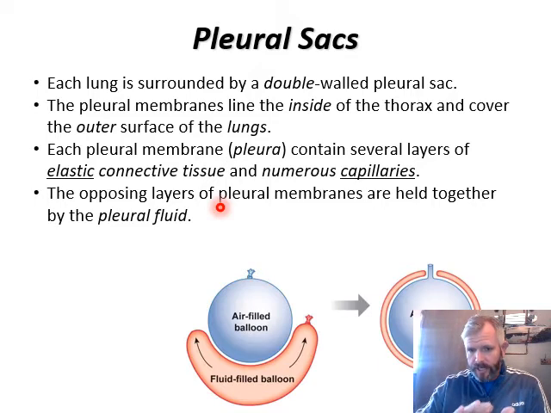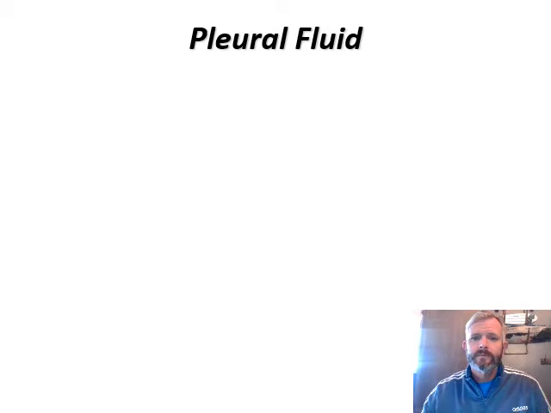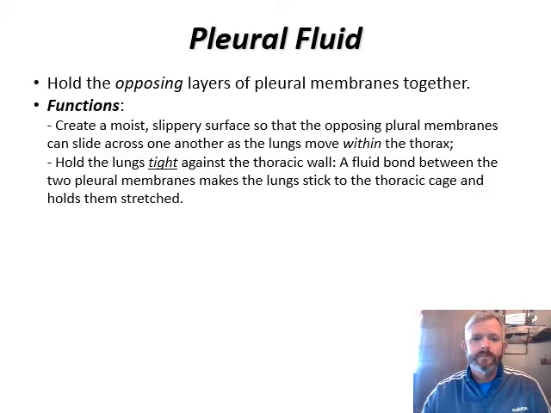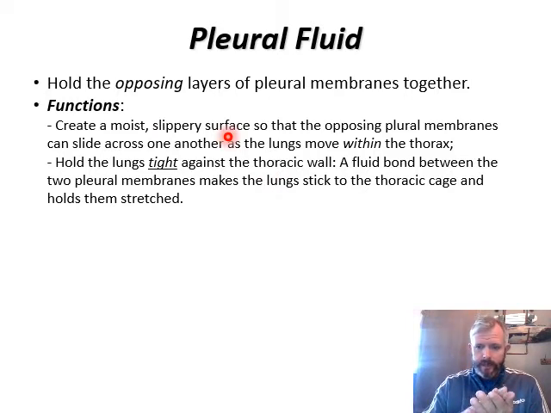That's similar to how this pleural membrane is held together by that fluid. And that allows it to give us a slippery surface, allows us to slide, reduces that friction.